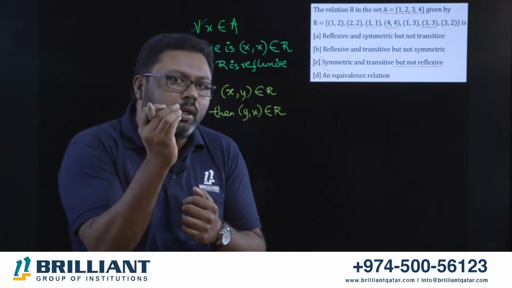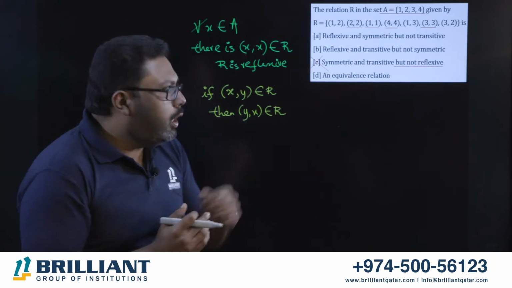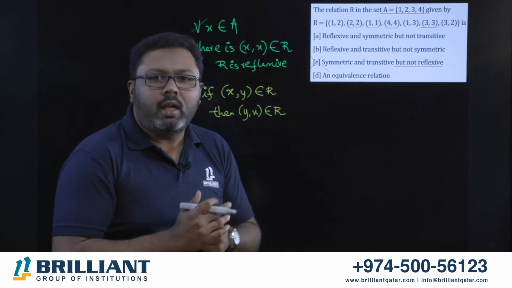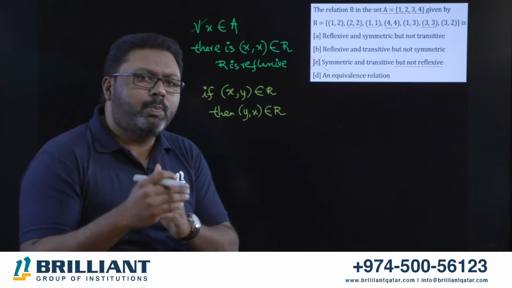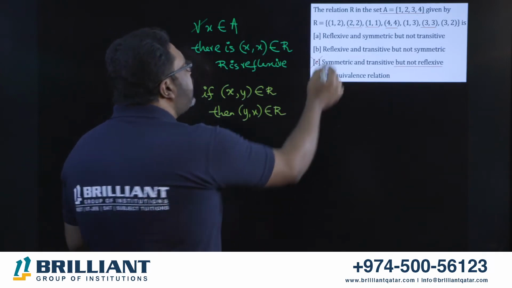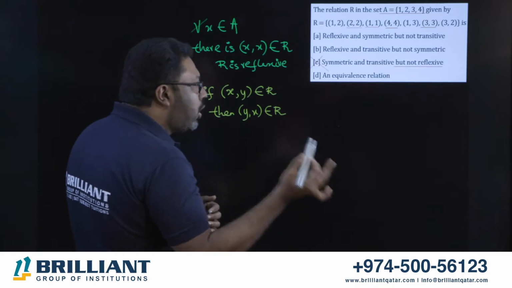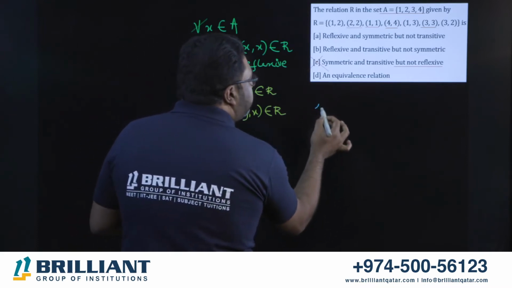Just try to learn the condition required for a relation to become not symmetric. For a student who is preparing for boards, you just need to know when the relation is not symmetric. Look at the condition.